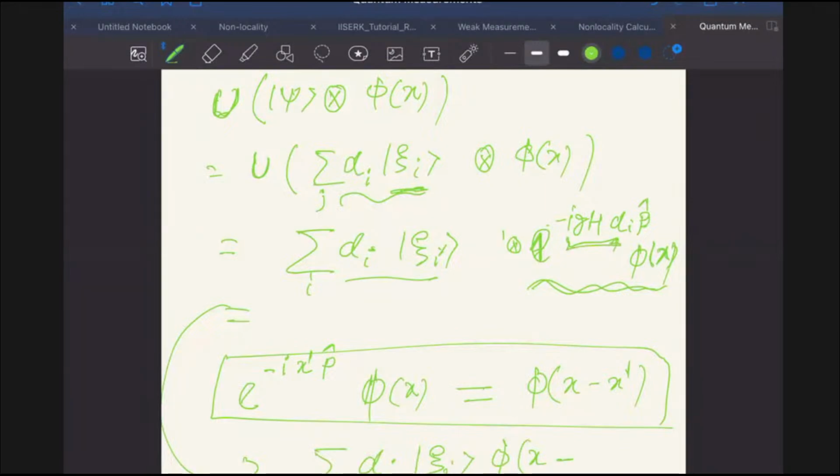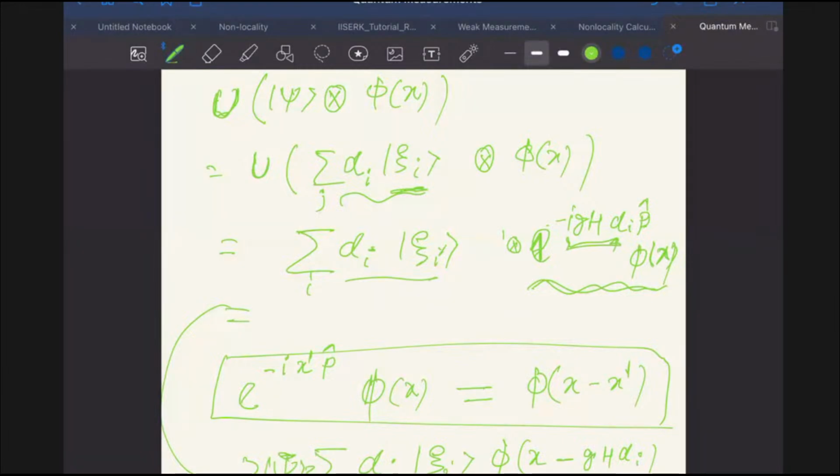So some, let's say, g h and alpha I. And what was alpha I? Alpha I was the eigenvalue of the observable I am measuring, the eigenvalue of the operator I am measuring. So see what the joint state is. Now this is my joint state after evolution, right?